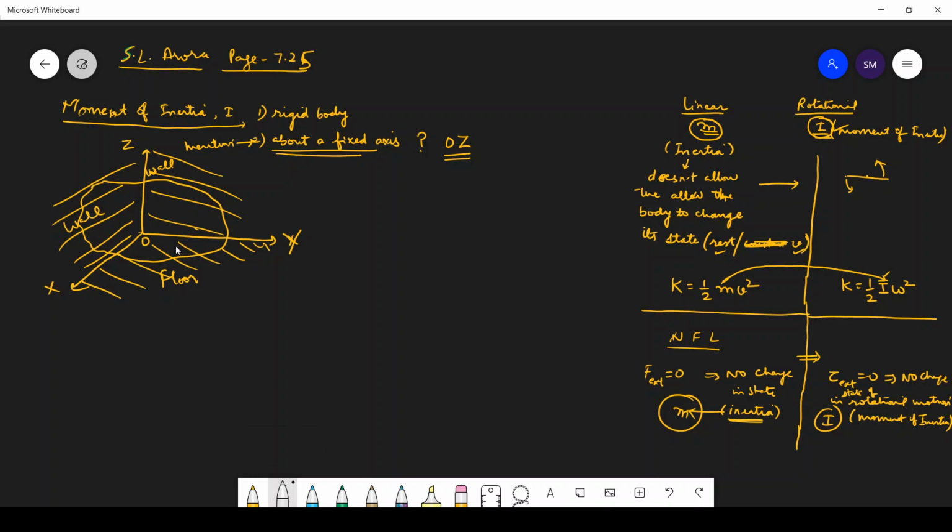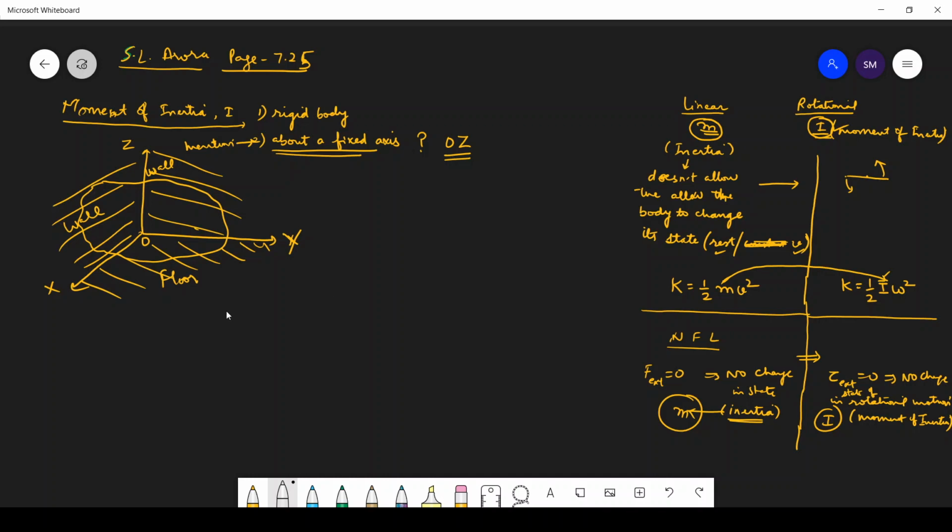Now the moment of inertia of this rigid body about a fixed axis is the sum of products of masses of the particles constituting the body and the squares of their respective distances from the axis of rotation.